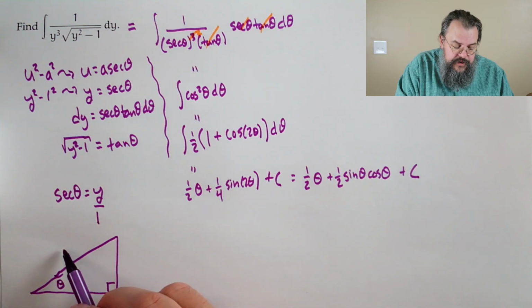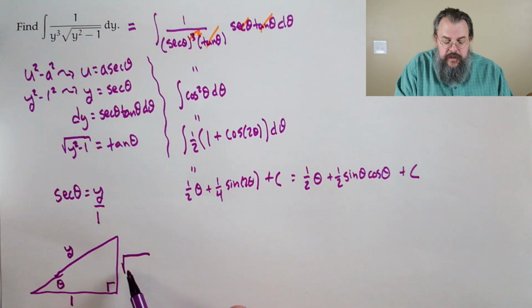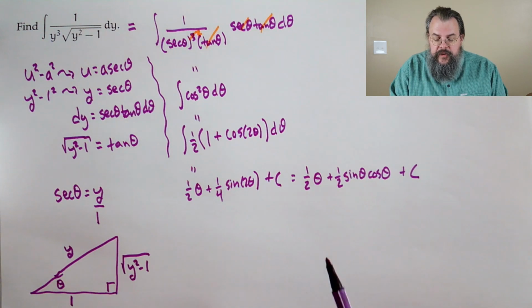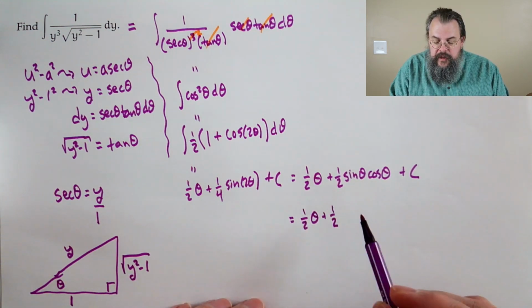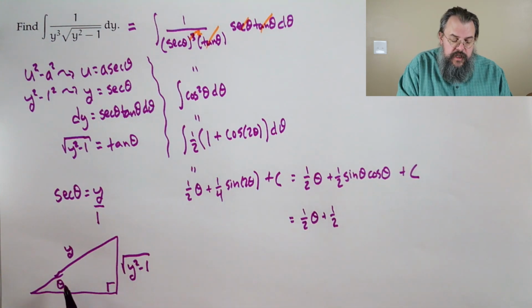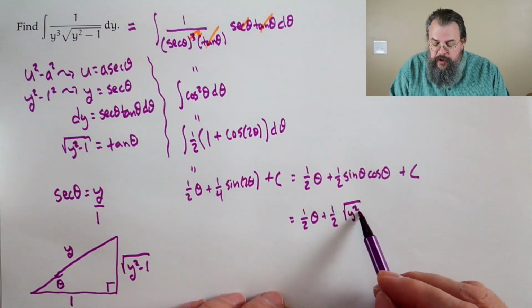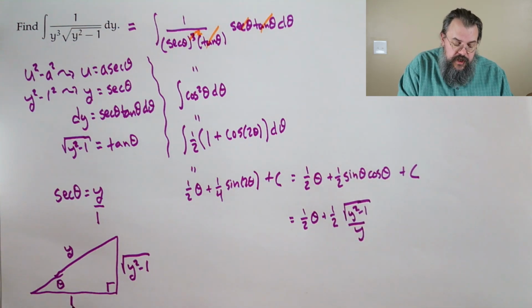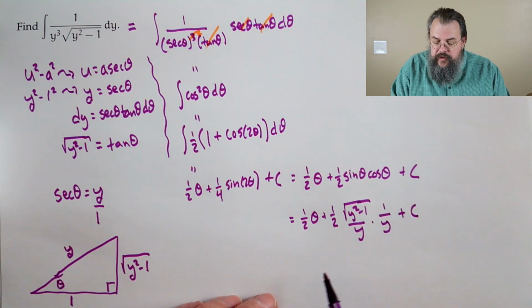So, hypotenuse over adjacent, which means that the missing side, no surprise, is the square root of y squared minus 1. So, what does that tell us? Our sine, which is the opposite over the hypotenuse, would be the square root of y squared minus 1 over y, and the cosine, which is the adjacent over the hypotenuse, is 1 over y, plus c.